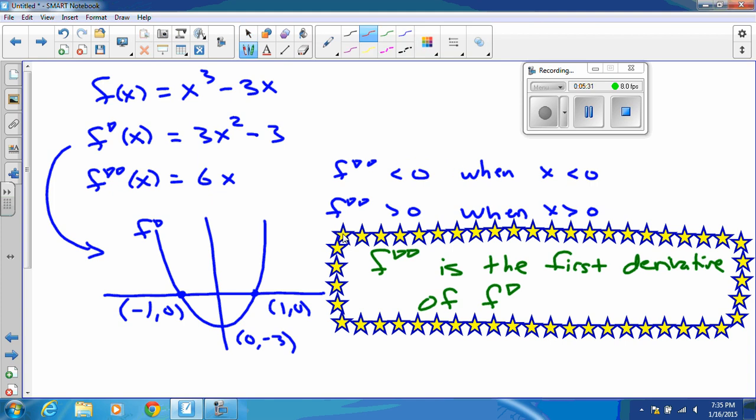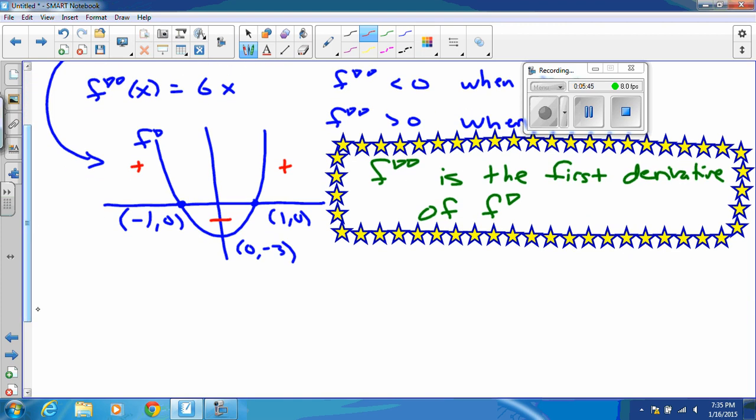So if you look over here at the graph of f prime, you can see that f prime itself is positive here and negative here, just as we showed on our f prime number line on the previous page.